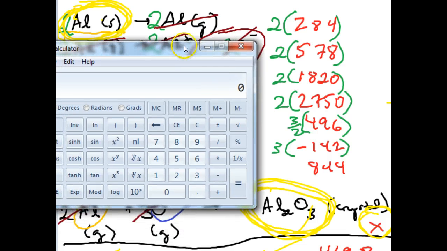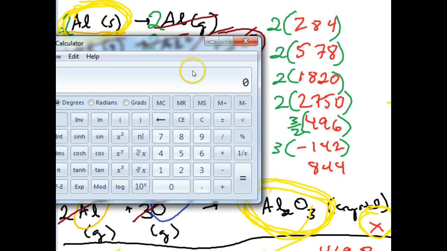All right, here we go. 2 times 284 plus 2 times 578 plus 2 times 1820 plus 2 times 2750 plus 3 halves, which is 1.5, as you know, times 496 minus, because it's negative 142, right? Minus 3 times 142 plus 844 equals 12026.